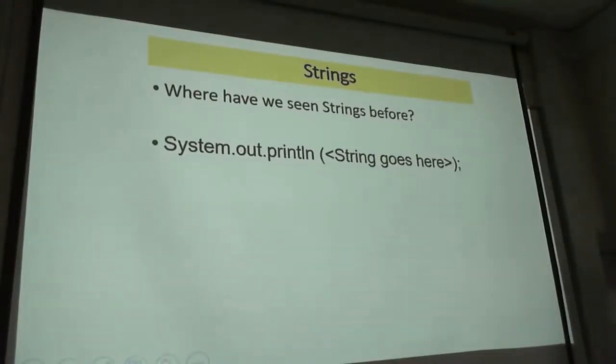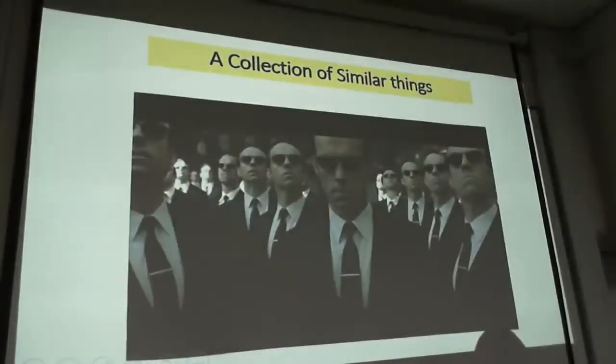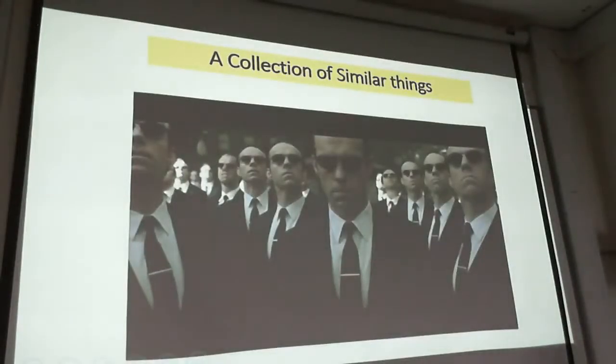The other thing I want to go back to is the idea that it is a collection. Collections in programming, not just in Java but in all programming languages, are a really powerful way of gathering similar things together. So a string is a really handy way of picking up a bunch of text and treating it as one entity or one unit.